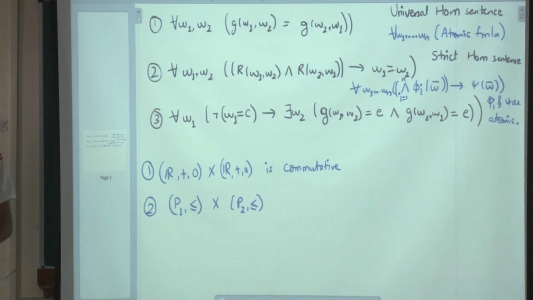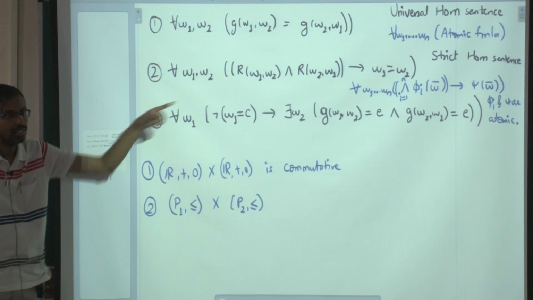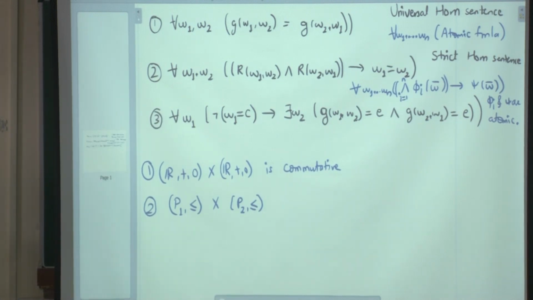Is it still antisymmetric component wise? If in both components you have this, meaning (A1, B1) is less equal (A2, B2) and (A2, B2) is less equal (A1, B1), then (A1, B1) is equal to (A2, B2), right? Okay. So this one is antisymmetric.